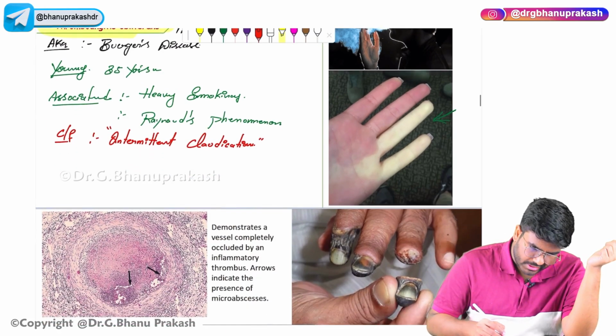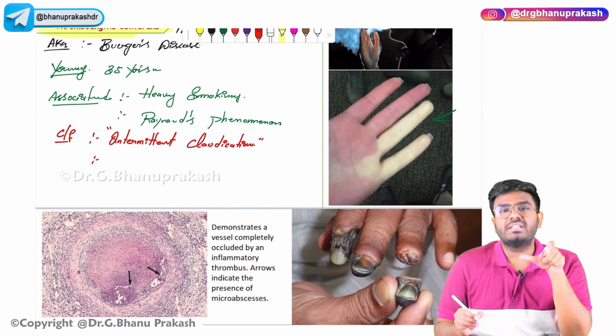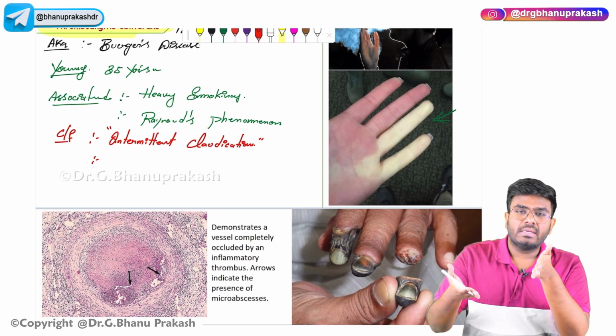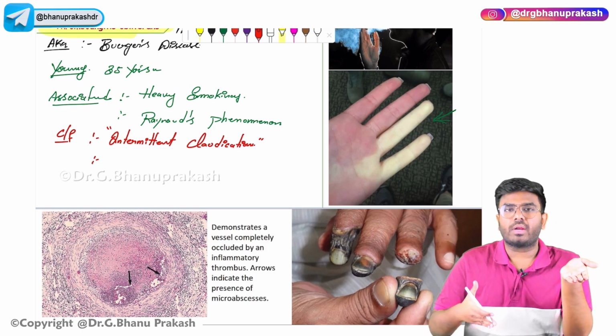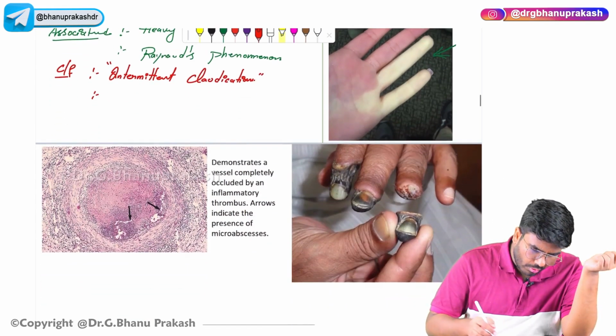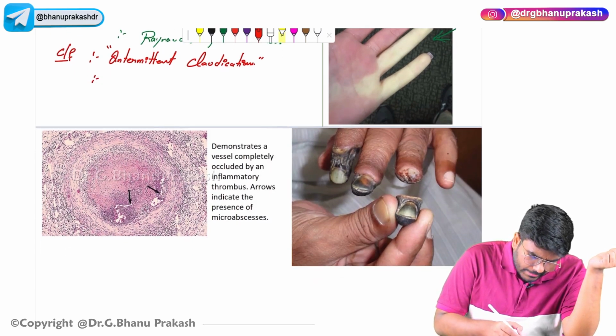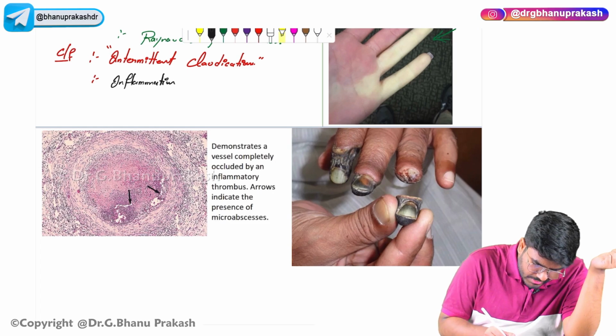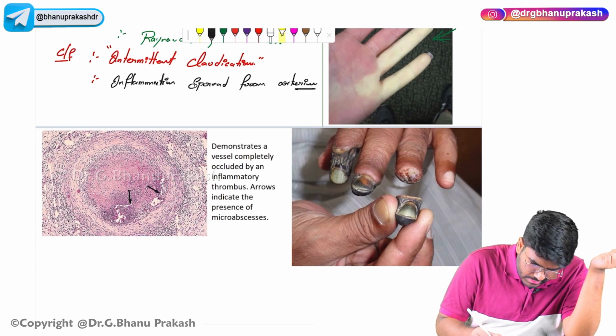A very important point is that the inflammation in this condition spreads from arteries to veins, and from veins the inflammation can spread to the nerves.